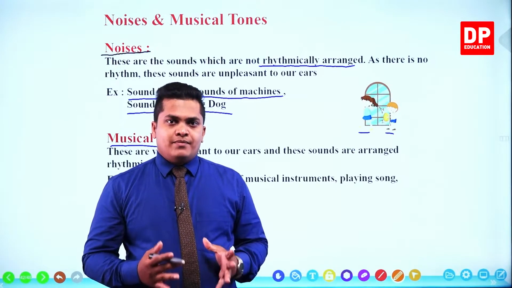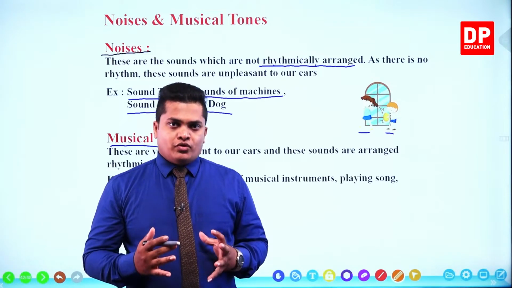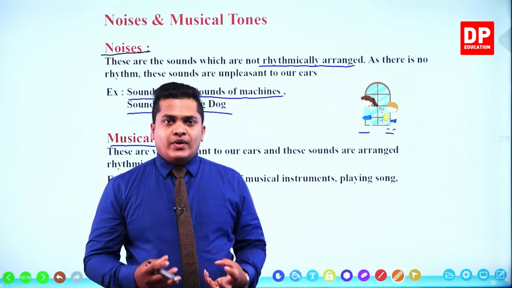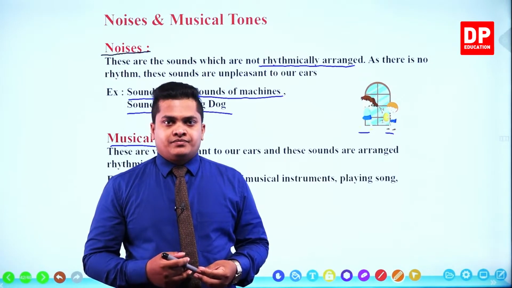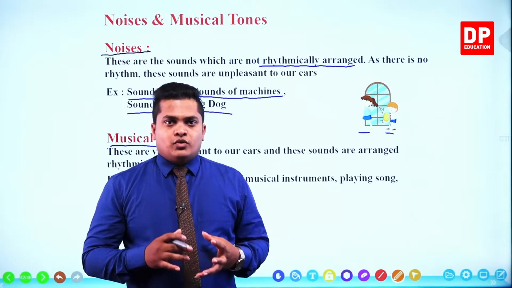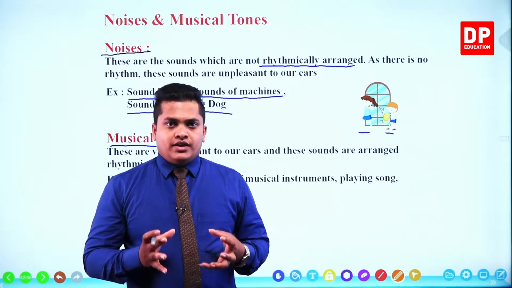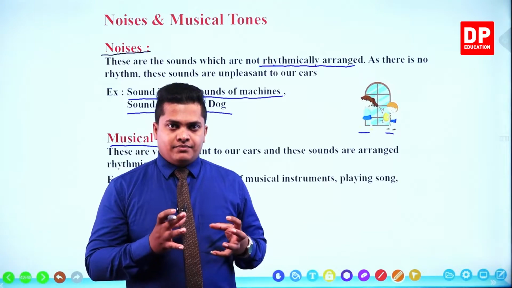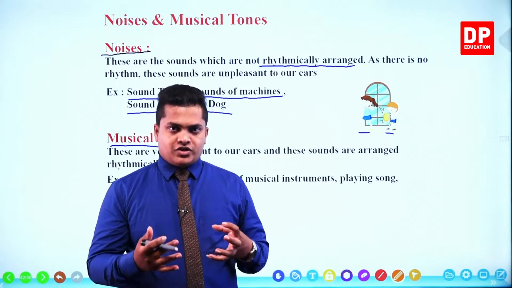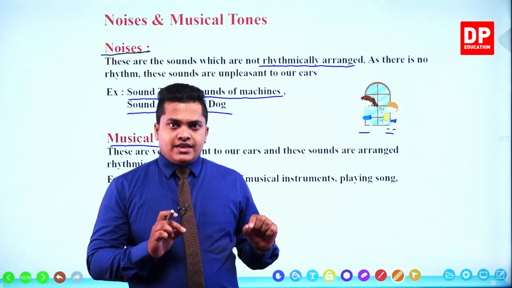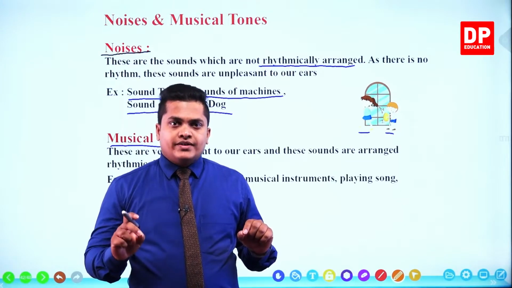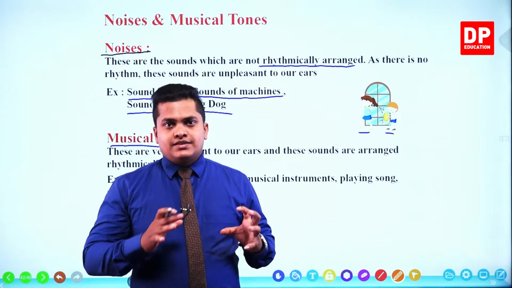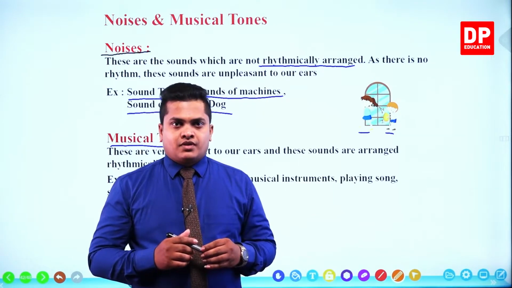It's because musical tones or music is rhythmically arranged. The vibrations which occur in music have a good rhythm. Interval by interval these things are arranged, right?